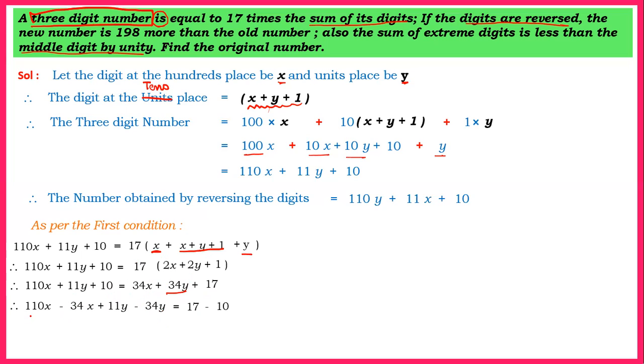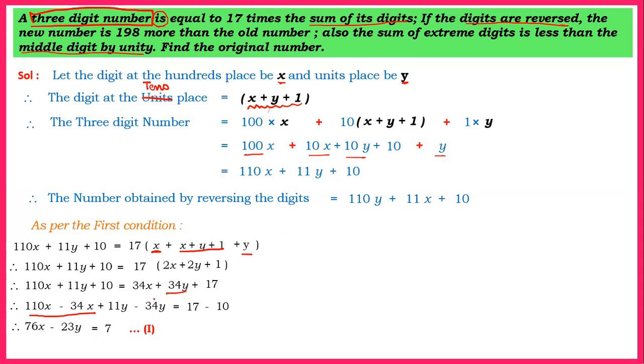Let us add and subtract the like terms. 110x minus 34x would be 76x, rather 11y minus 34y will give me minus 23y, and 17 minus 10 would give me 7, and name it equation number 1.